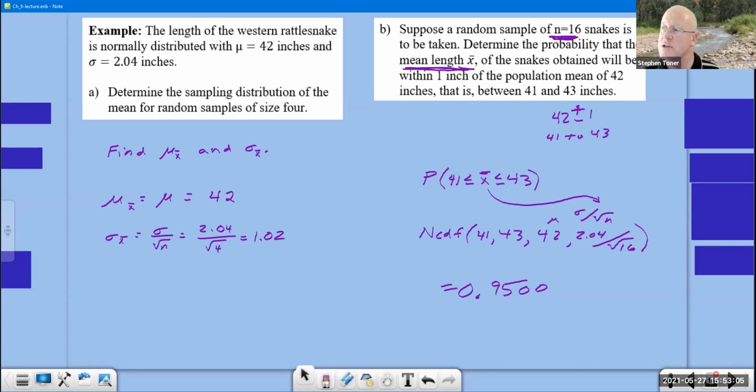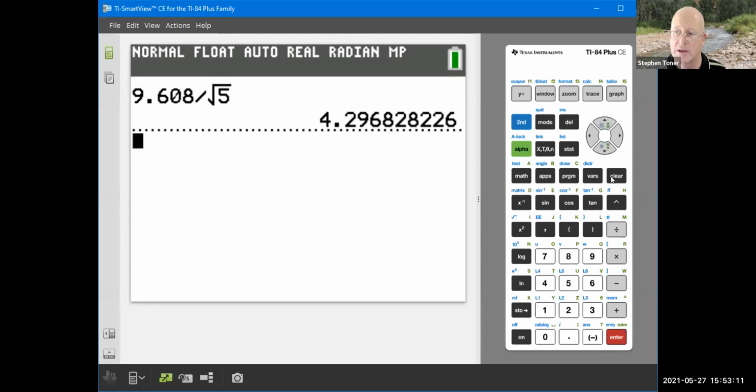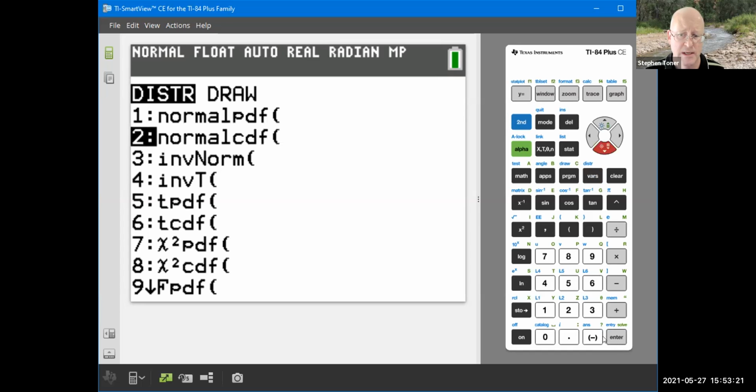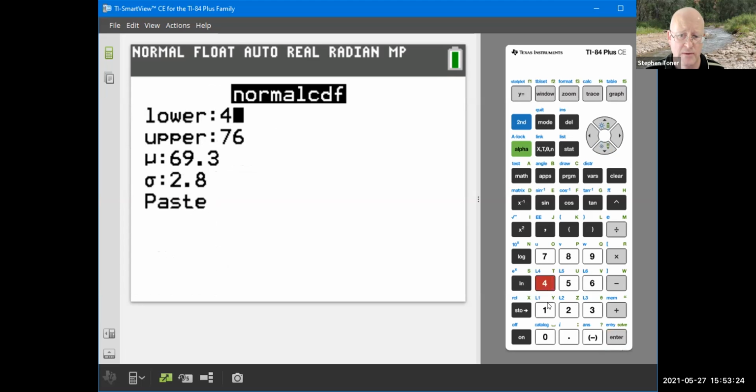And I'll have you check that one on. You know what? Let me go do this one with you, just so we can all be on the same page together. So I'm going to clear this out. Let's go into our calculator, and here we go. Second, normal distribution, going down to normal CDF, we're going between 41 and 43 when the mean is 42. Our standard deviation will be 2.04 divided by, and I know obviously the square root of 16 is 4, and you could just type a 4 in here, but I want to make sure you know how to do this.